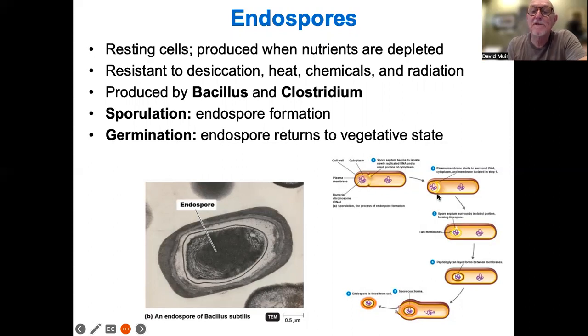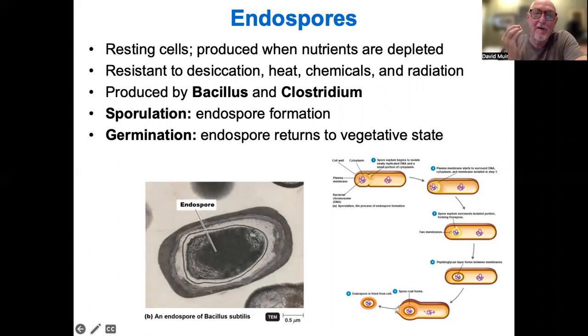And that small cell gets invested with a very, very interesting cell wall. This cell wall is highly protective. It protects the interior, the cytoplasm on the interior, from radiation, from disinfectants, from heat. You can boil spores and they will survive.